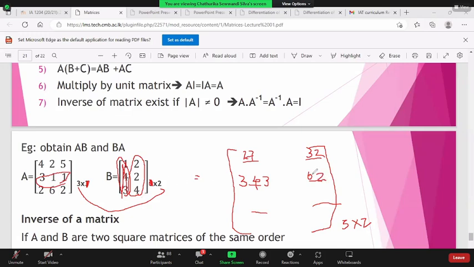Then 1 times 4, 4. Right? So now already 4 positions have been filled, so now the second row is over. With the final row, we are doing the same thing: to fill this particular position with the final row and first column, and to fill the last position with the final row and second column. So that is how we are doing matrix multiplication.